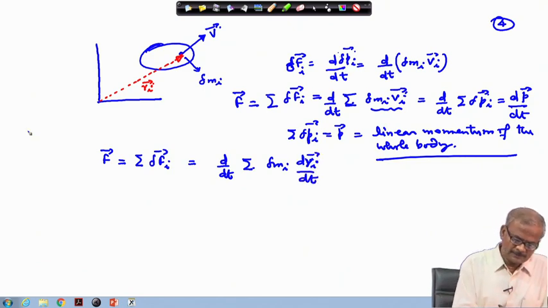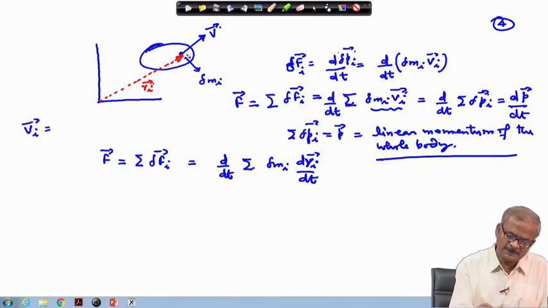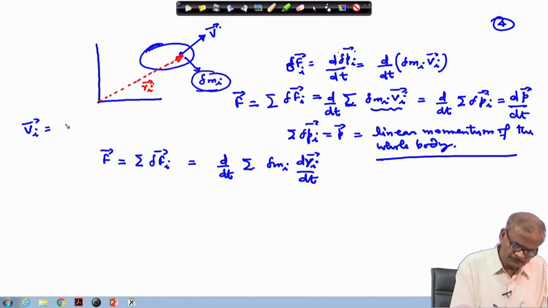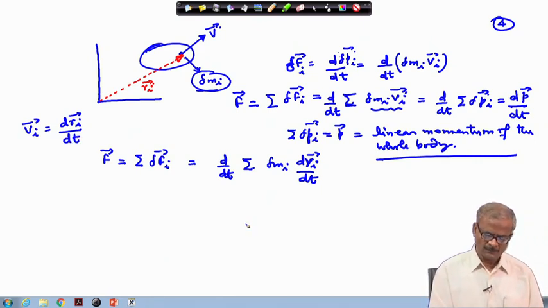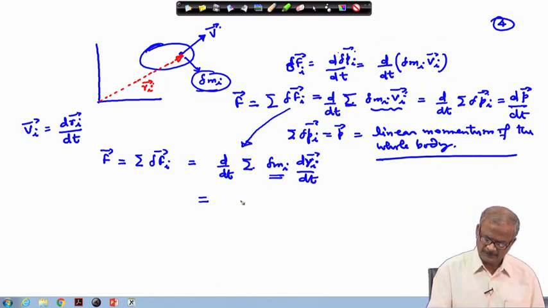We know that v I, the velocity of the particle I, this is the ith particle which we have shown. Okay, so this particular equation we can also write in this way, and because the mass is constant, mass is not a variable, we can take the d by dt outside, and this can be written this way.